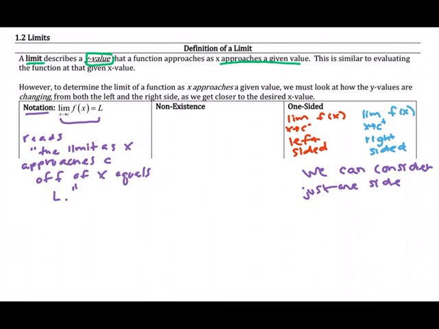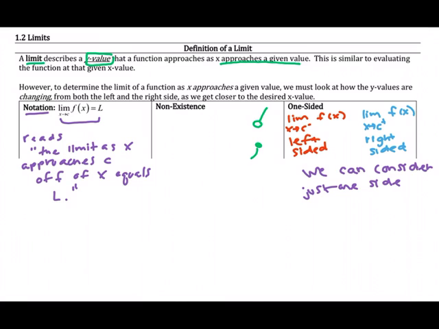There are a lot of different types of functions out there, and not all functions have limits at every single value. If you think about what we have talked about previously, we've talked about functions that have a hole or maybe a jump discontinuity, and in certain cases, having some sort of funky thing happening in the graph could mean that the function doesn't have a limit at that particular value.